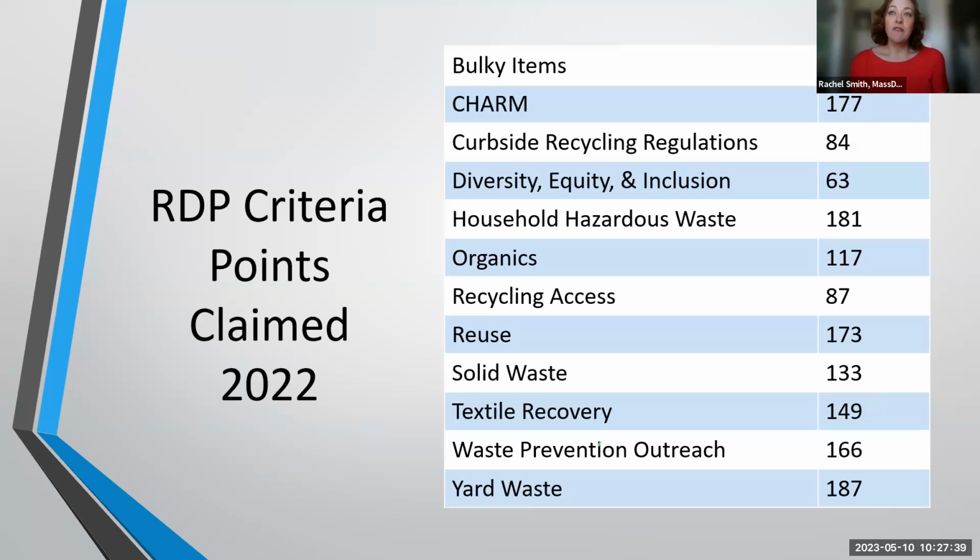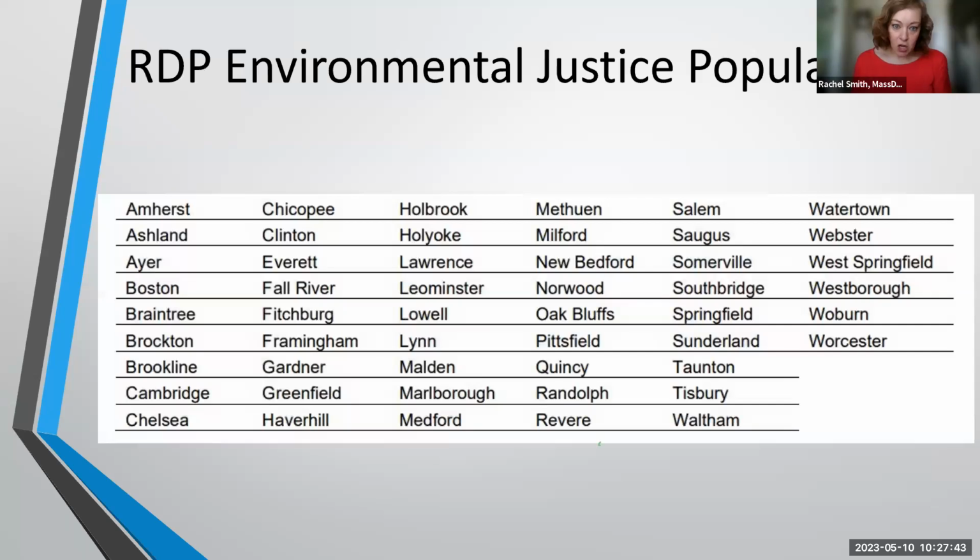If you were not on the new EJ list, which I can scroll here, if your community was on there last year and not this year, I think the best thing to do is to contact Deneen Simpson, and I can get her contact information. It might mean that you're no longer in that 45% threshold of residents, because this was updated with our US Census data. You can still get grants. The difference is in the evaluation.